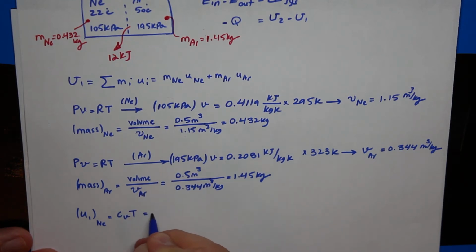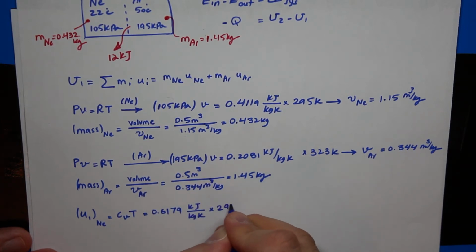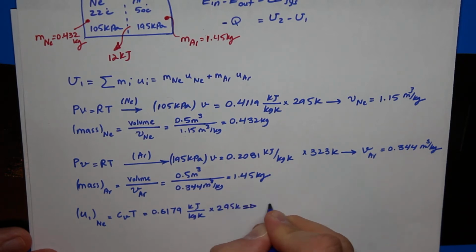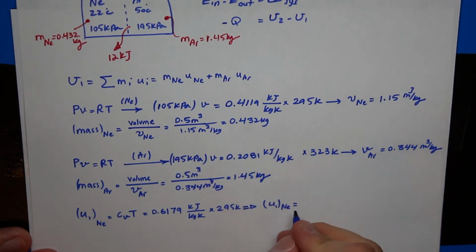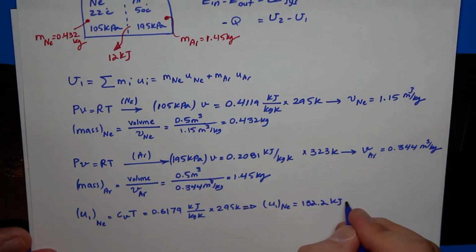And that is going to be CV for neon gas is equal to 0.6179 kilojoule per kilogram Kelvin, multiplied by the temperature of neon gas is 295 Kelvin, and that gives me U1 for neon gas equal to 182.2 kilojoule per kilogram.